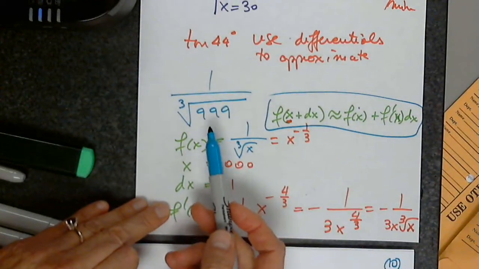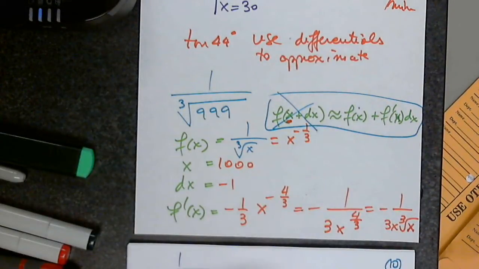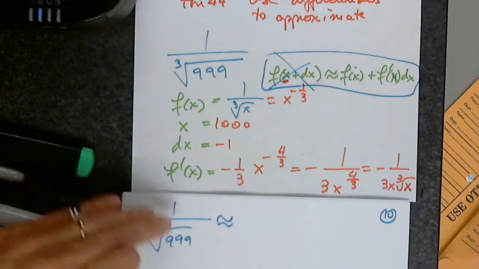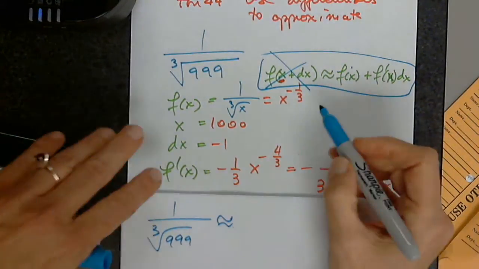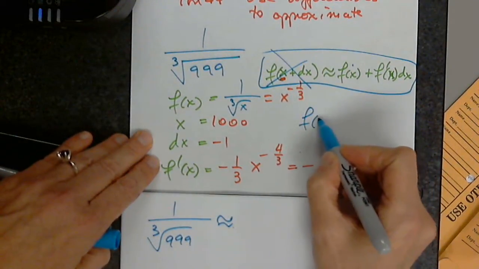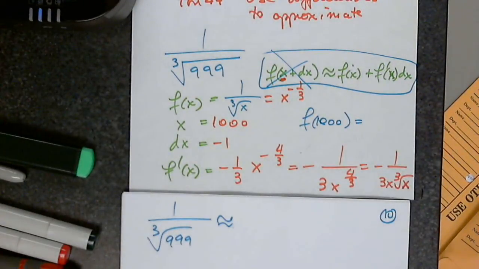So now let's write this. The left-hand side is 1 over the cube root of 999, and this will be, with calculus, approximated by what? I should also determine f of 1,000.